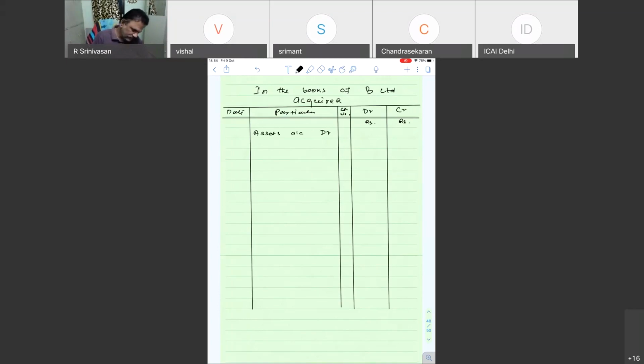Assets account debit. To liabilities. Here the liabilities are creditors. Consideration. This is 2,50,000.